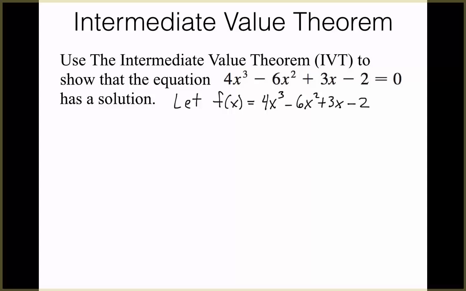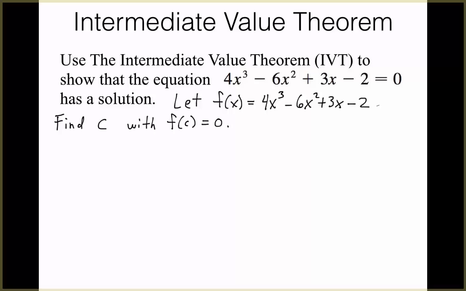Now notice that this is a polynomial function, so it's continuous everywhere. So what we're looking for is a solution of the equation, that is a number c such that f of c equals 0.